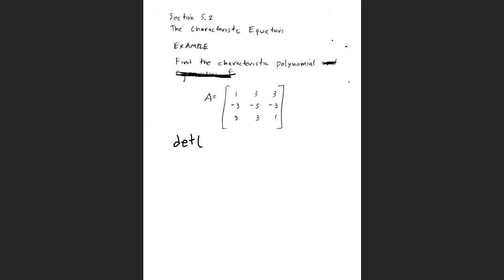So we need to figure out what the determinant of A minus lambda I is for that matrix A. So how are we going to do that? How are we going to find that determinant? I mean, let's think about what the identity is.